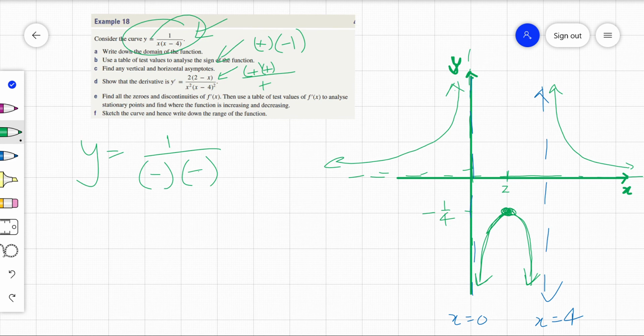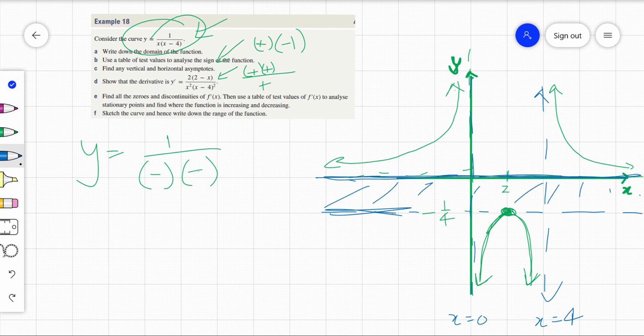Now what is the range? Clearly the domain is x not equal to 0, x not equal to 4. What about the range? Well, for the range, you can see that negative a quarter is a point on that graph, but anything above negative a quarter up to this, so all in here, we cannot have. So in interval notation, we've got from minus infinity up to negative a quarter, and we're including that.